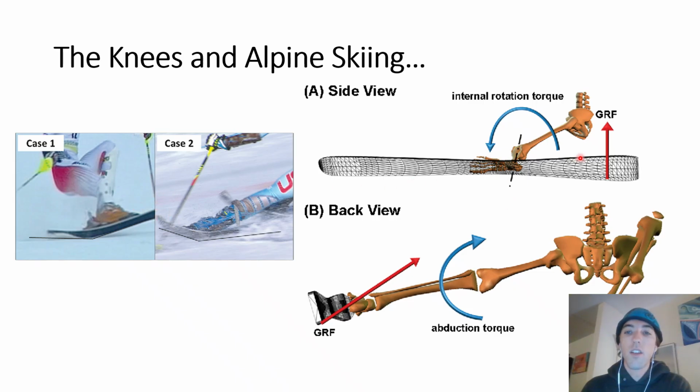And the force on the tail of the ski is pushing the ski and creating an internal rotation torque. And here, same situation.